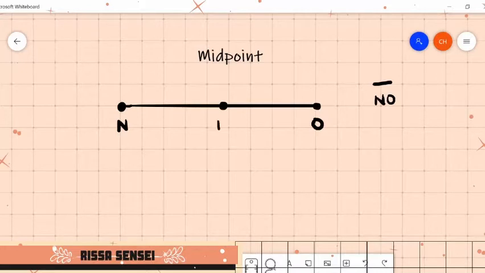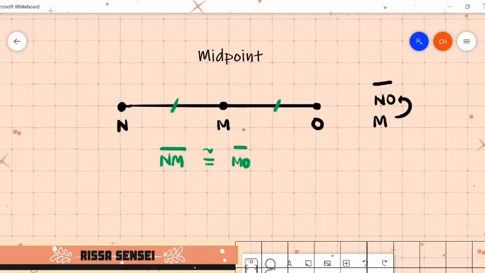And let's say this is point M. If M is the midpoint of NO, then it states that this portion here, line segment NM, is congruent to the line segment MO.